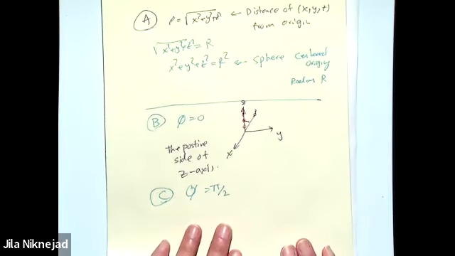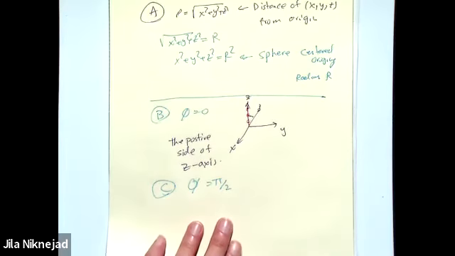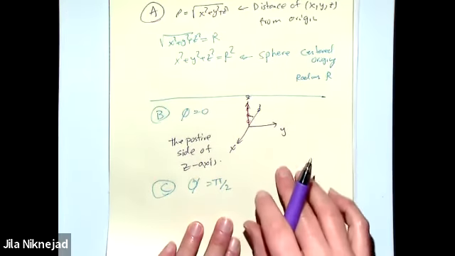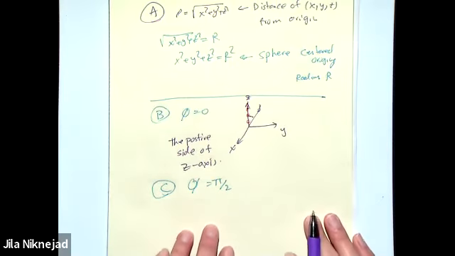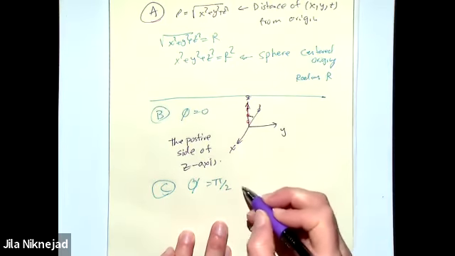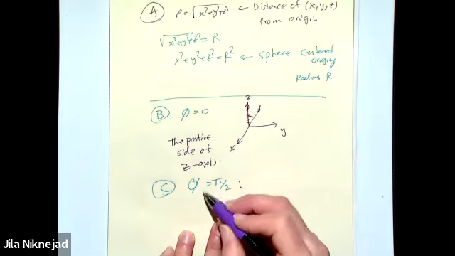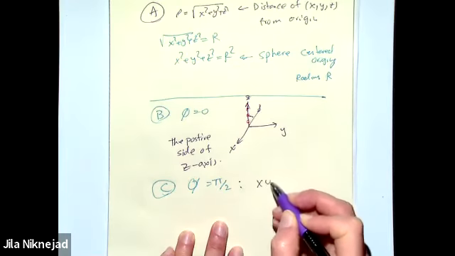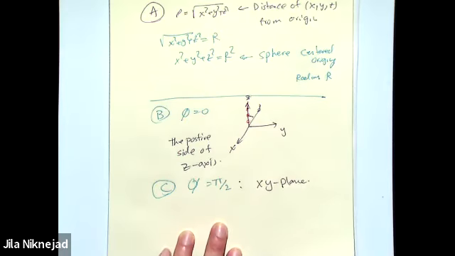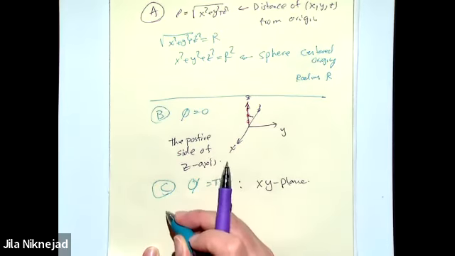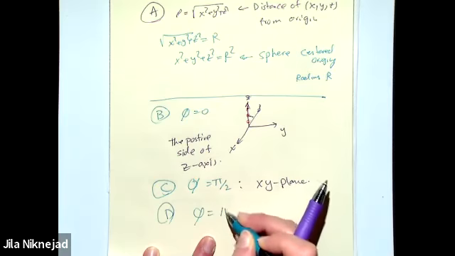What is going to happen is that you're going to do a lot of integrals in 3-dimension. And so when you're doing the integrals in 3-dimension, a quick recognition is important. And so phi equal to pi half is the XY plane. And so what is phi equal to pi?